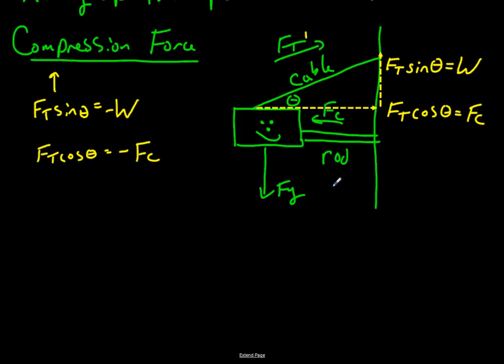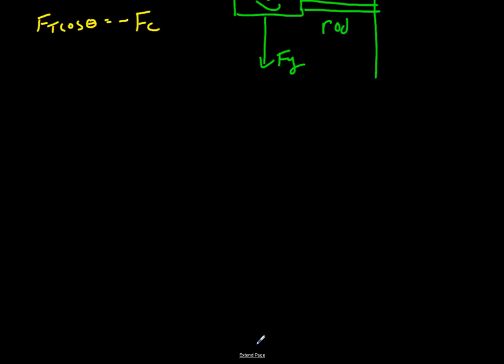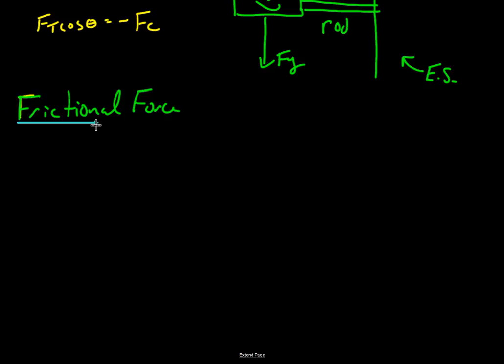A few other ones that we should talk about while we're at it. Frictional force. Again, all these forces up here, they're electrostatic. Good, and so is a frictional force. So what causes a frictional force?